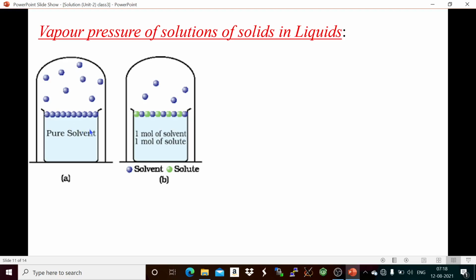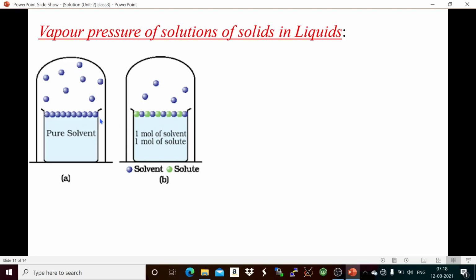Now you see that in the pure solvent, the surface is covered by solvent molecules only. When we dissolve a non-volatile solute in the pure solvent, the surface is covered not only by the solvent, it is also occupied by the non-volatile solute. As the solute is non-volatile, its escaping tendency is nil.